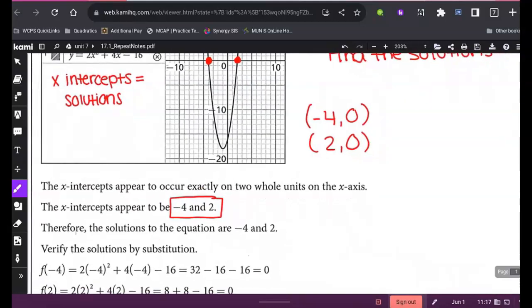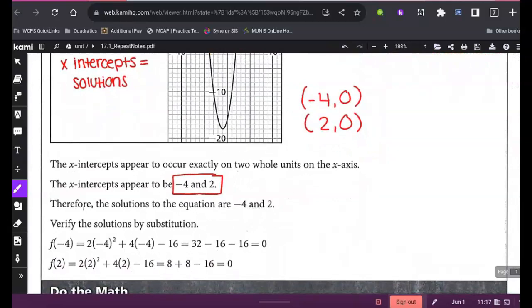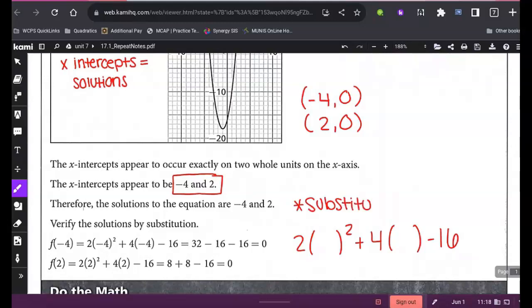And each time we identify the solution, we can check that it's a solution by using substitution. Everywhere that there's an x in the original equation, we're going to write down the original equation. So this was our original equation: 2x to the second power plus 4x minus 16. So we substitute the -4.